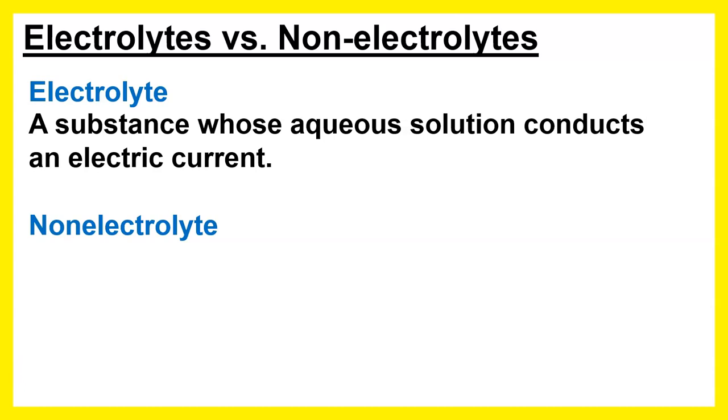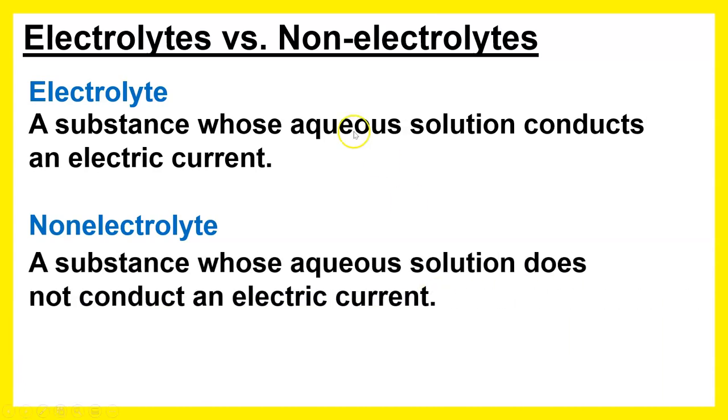When you dump something into your solvent, if it dissociates into particles that can carry a charge, it's an electrolyte. They conduct a current. A non-electrolyte won't. So salt versus sugar, for example.